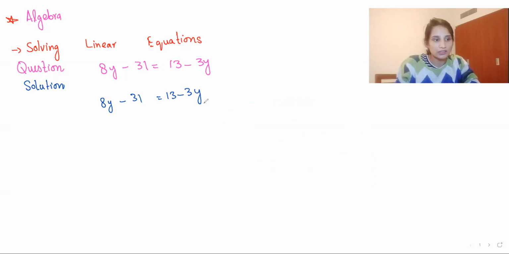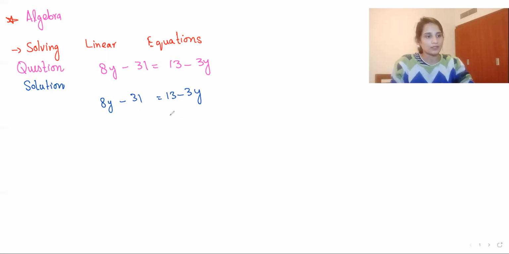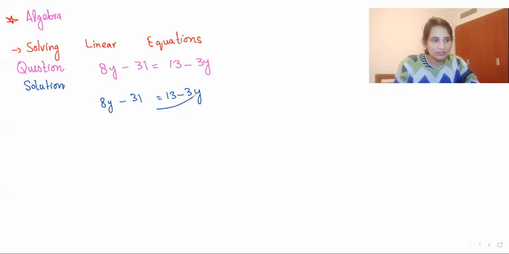We will take all the values having the unknown on one side and all the constants on the other side of the equal sign. So let's take this minus 3y to this side and the 31 to this side.